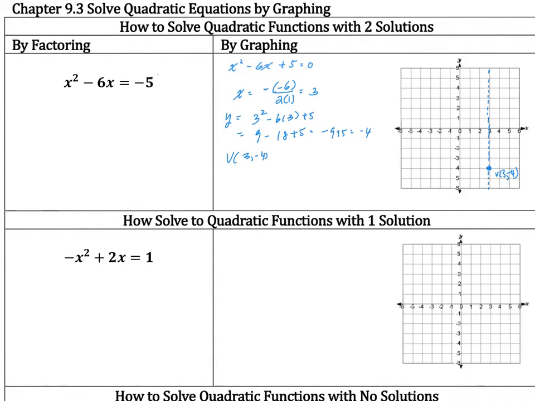Now I'm going to look for the y-intercept. So it's at 5. I'm going to find a reflecting point. So there's 3 units here, so I need to reflect another 3 units to the right.